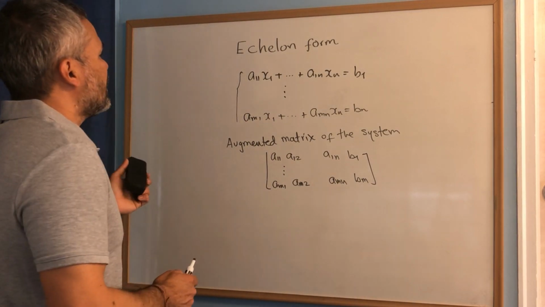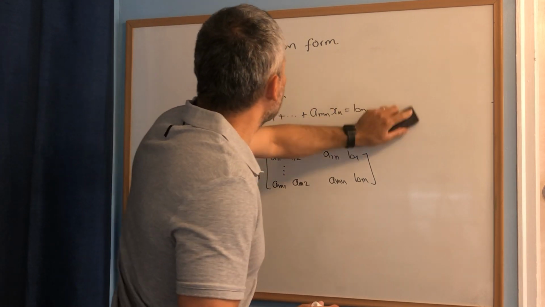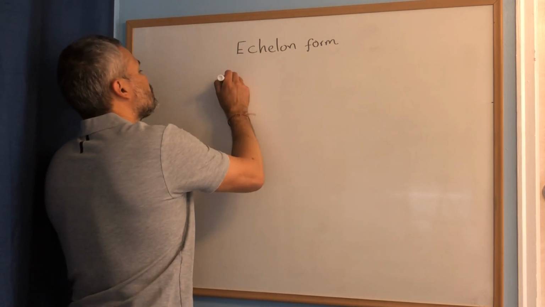Once we have the notion of echelon form, let me define the notion of reduced echelon form.